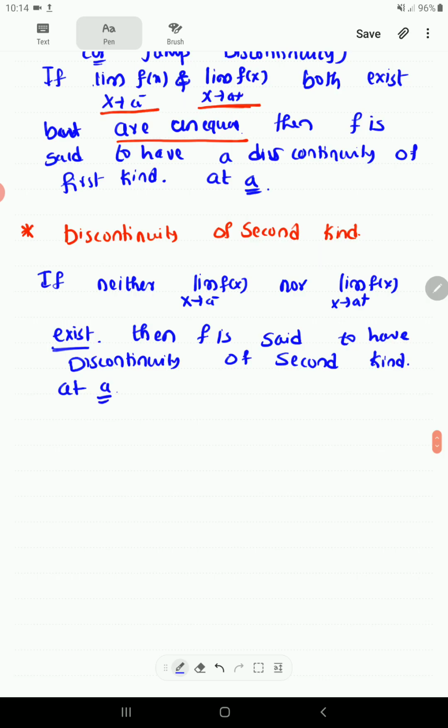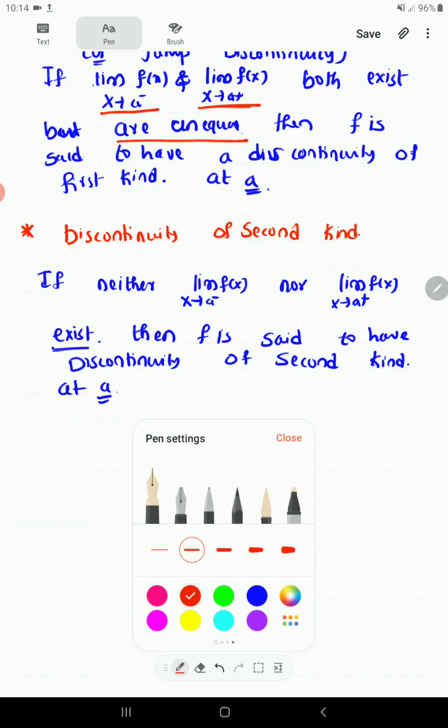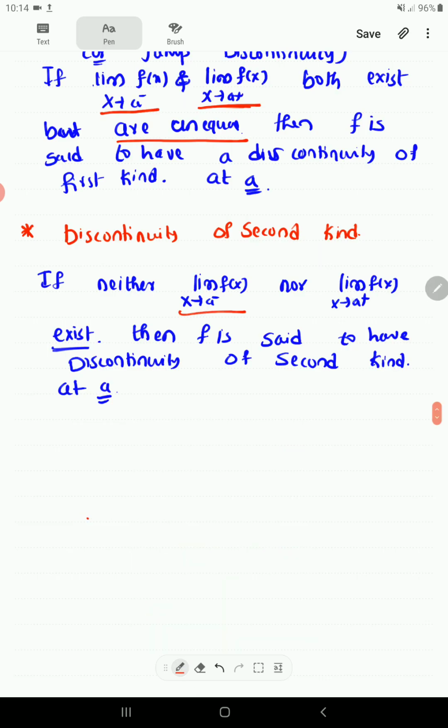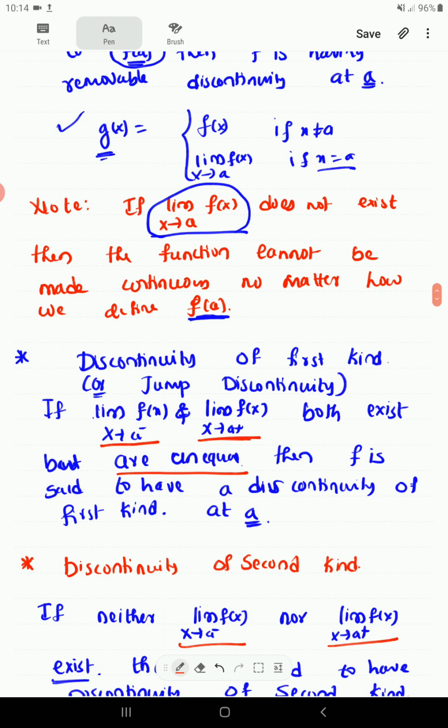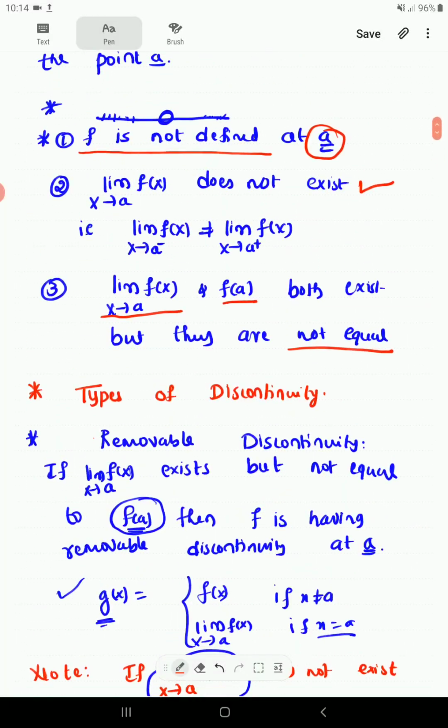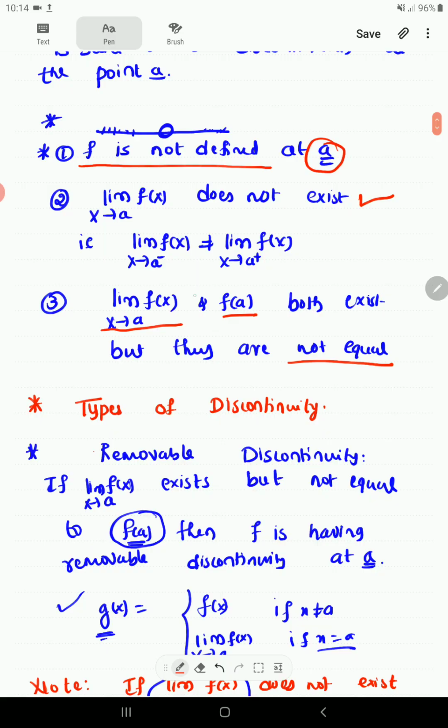So we are talking about the discontinuity of the second kind when neither the left hand limit nor the right hand limit exists. Then we call it a discontinuity of the second kind. These are the three conditions which we have discussed.